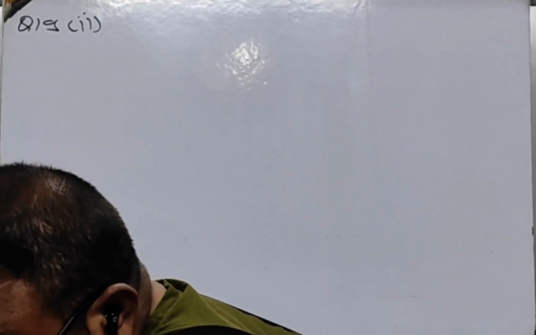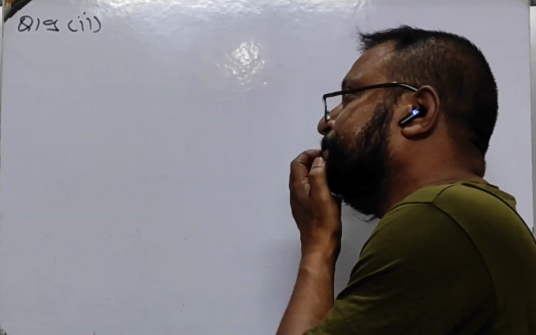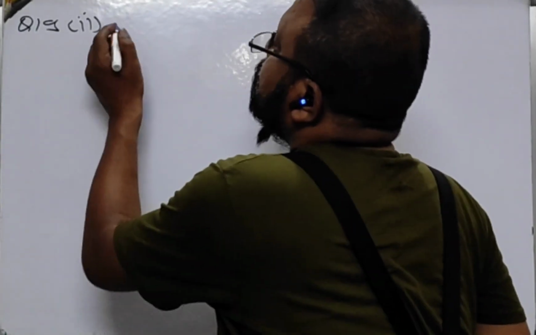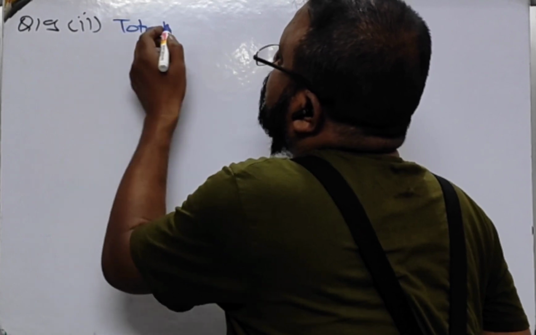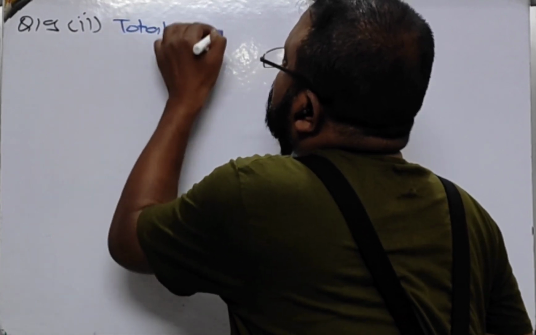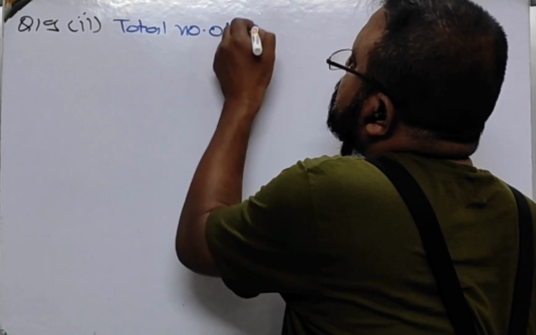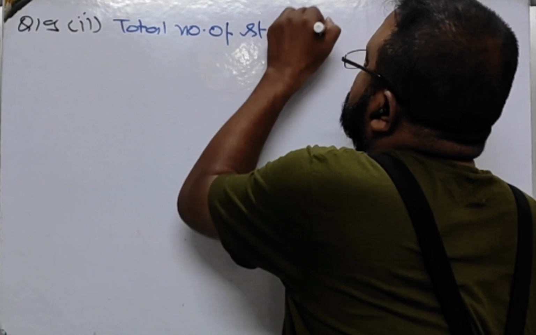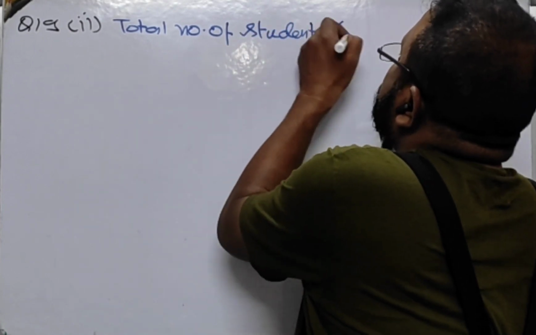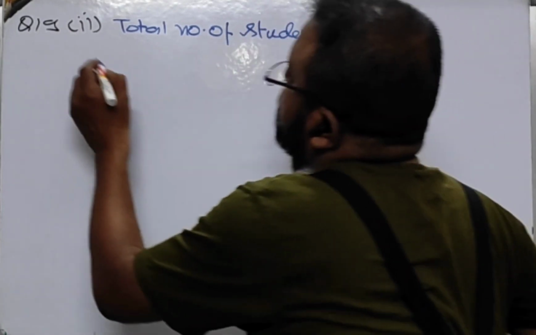What is that? The ratio of the number of boys to number of girls in a school of 560 pupils is 5:3. Okay. So the total number of students is 560, right?